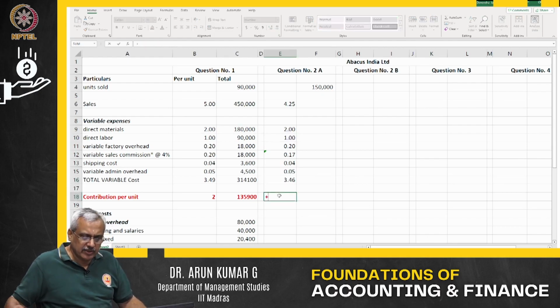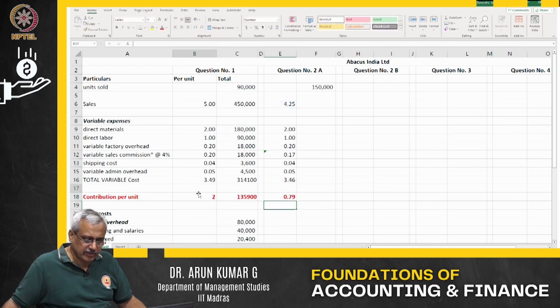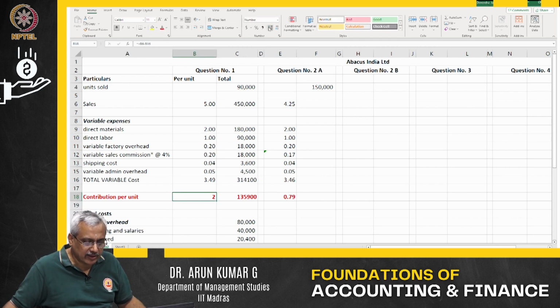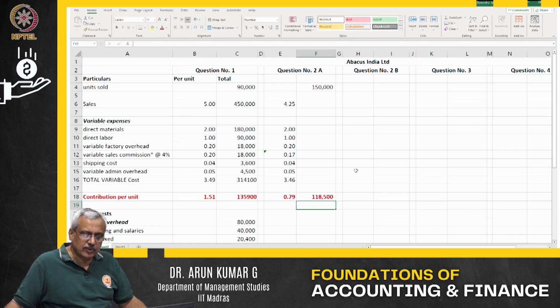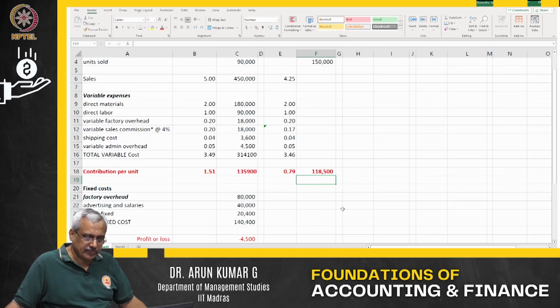What is going to be my contribution? My contribution is going to be 4.25 minus this. My contribution is 0.79 is what I got out here in this particular case, and my total contribution is going to be this into the same thing out here. This is what my total contribution is going to be.